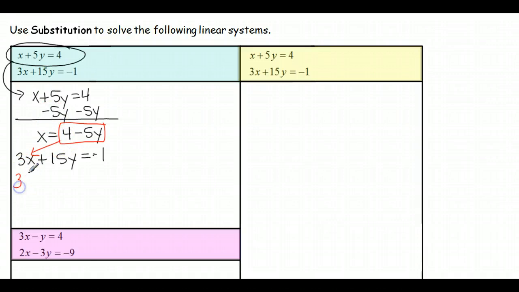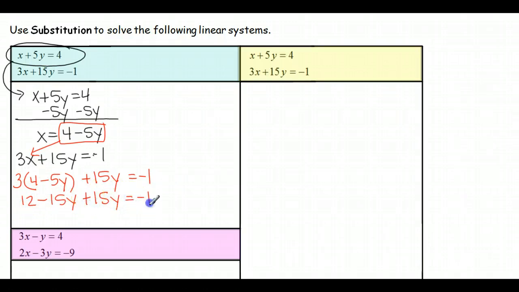So we have 3 times 4 minus 5y plus 15y equals negative 1. We're going to go ahead and simplify this. We get 12 minus 15y plus 15y equals negative 1. Our like terms here cancel, so we're left with 12 equals negative 1.